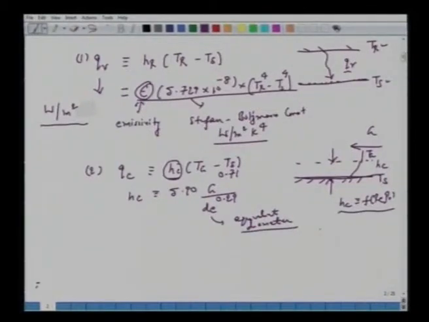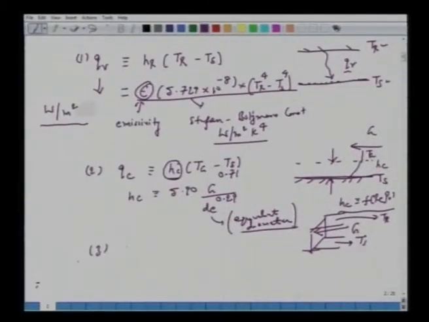Alright, cross. So here in our case we can think of this cross section where we have flow like this. So the bottom one here is a solid surface Ts, and the top one we can think of as TR, radiating surface. So this is your flow area from which we can get equivalent diameter. We will take up an example where we will address this.